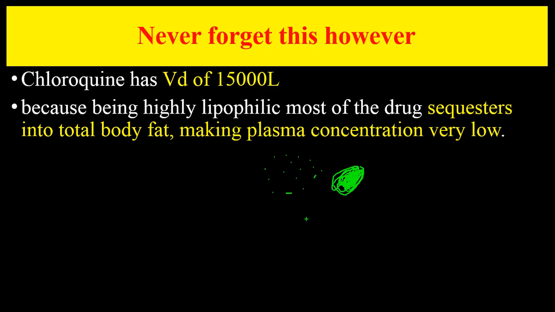So here it would be diluted, and our formula divides by the resulting concentration. The resulting concentration will be very low, and when we divide the same amount by the low resulting concentration, the volume of distribution would be very high.